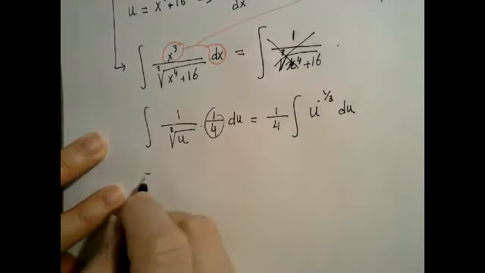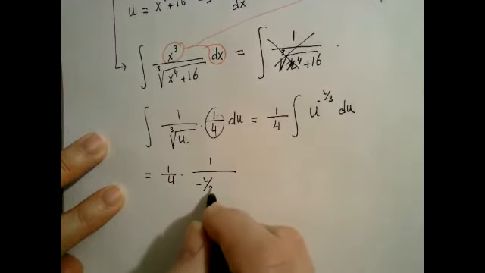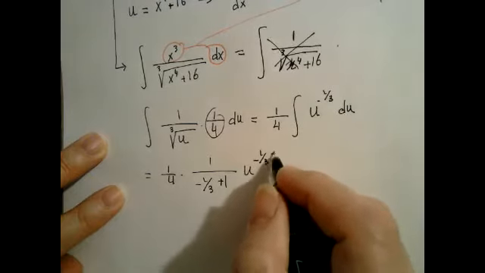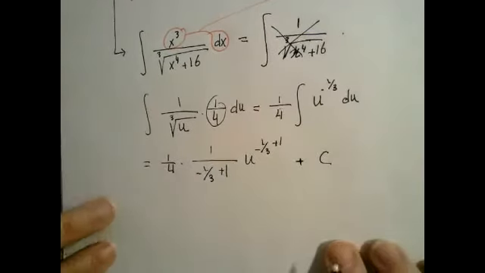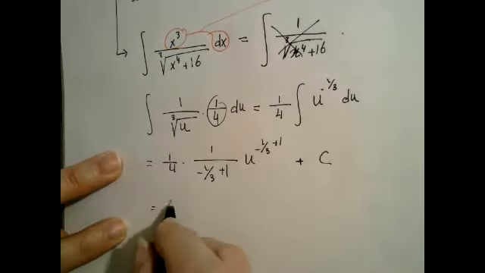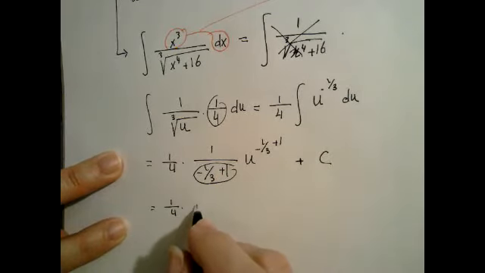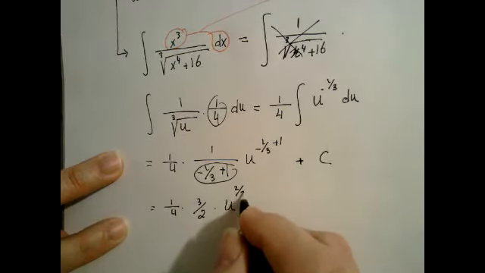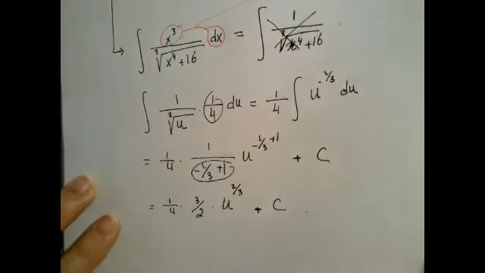Finally, I will get 1 over 4 times 1 over minus 1/3 plus 1, u to the minus 1/3 plus 1, plus the constant. All right, now a little bit of math to let this look nice, because it doesn't. Minus 1/3 plus 1 is 2/3. So it's going to give me 3/2 u to the power 2/3 plus a constant.